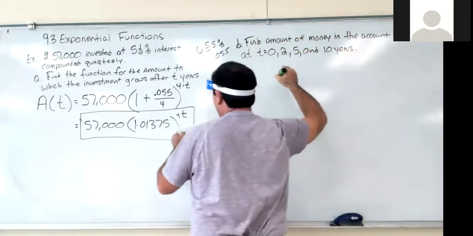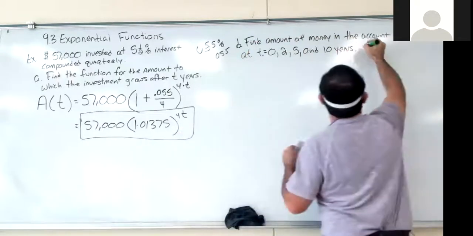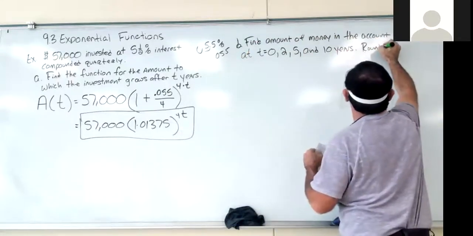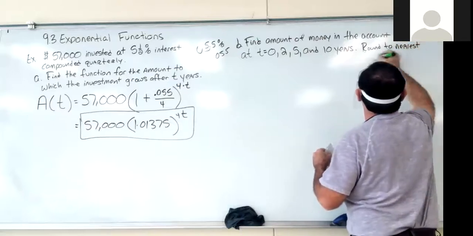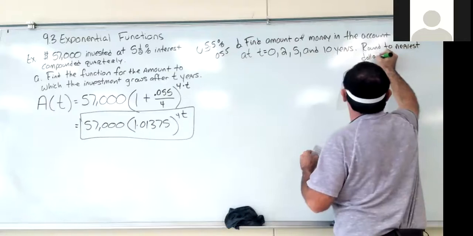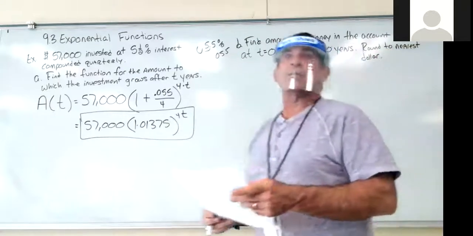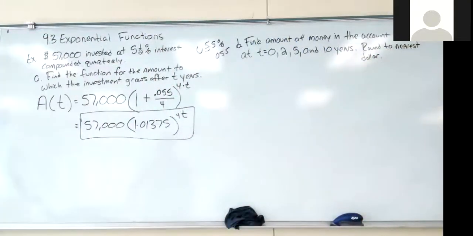And this one says round to the nearest dollar. So look at them answers. One wants you to go to the nearest dollar, and then the last problem wants me to go to the nearest cents. Okay?